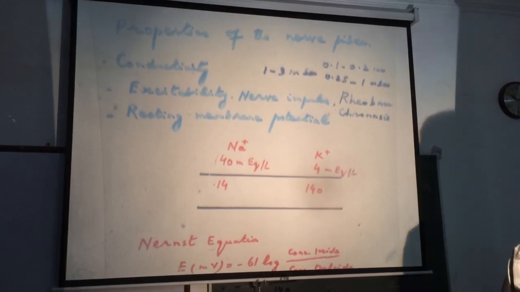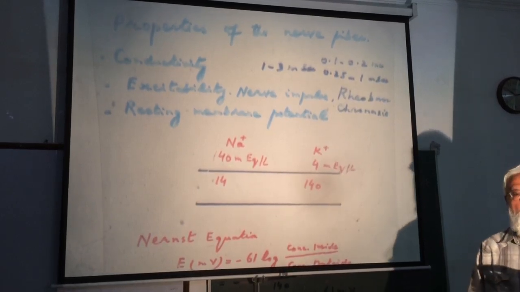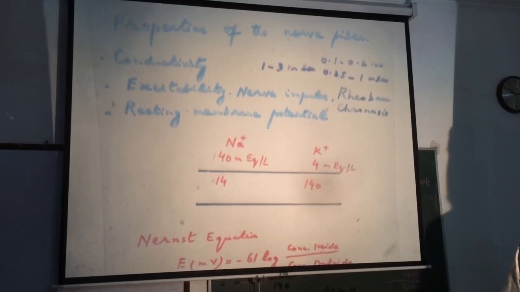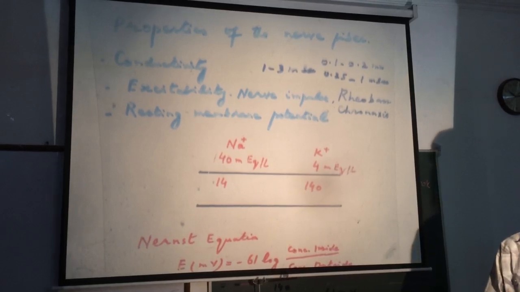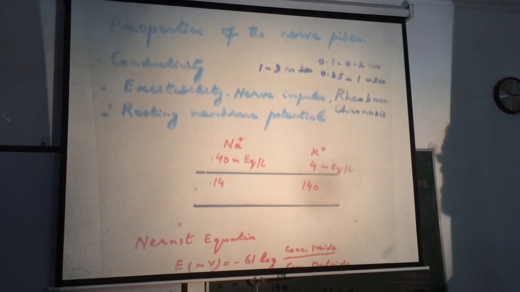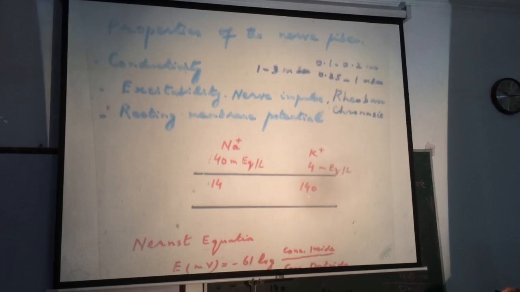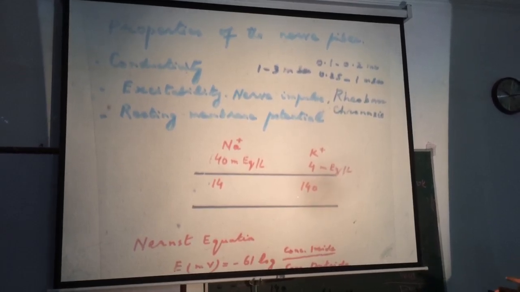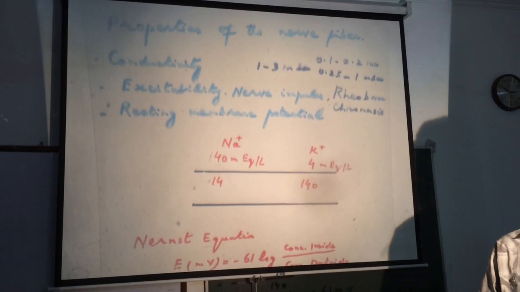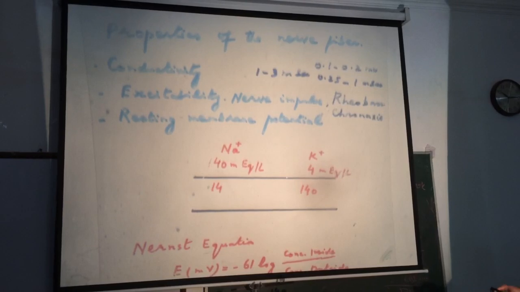At rest, the cell membrane is 100 times more permeable to potassium as compared to sodium, and potassium is 35 times greater inside the cell. So outward diffusion of potassium through potassium leak channels is the major factor involved in the resting membrane potential, that is, inside is negative with respect to outside.